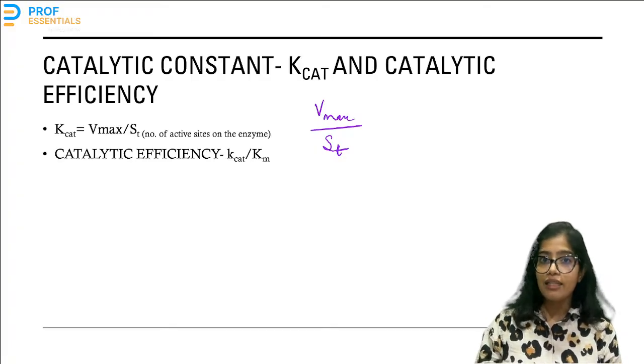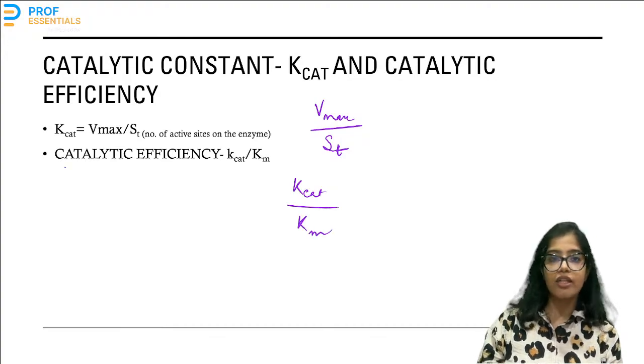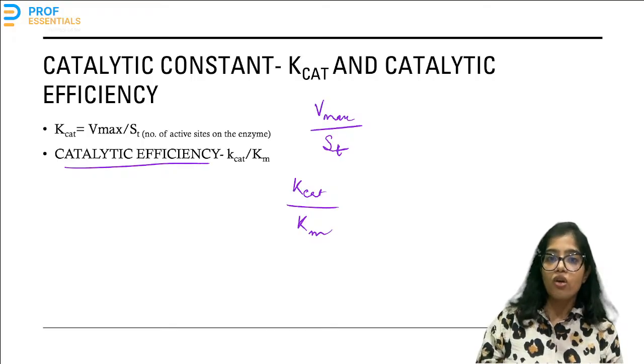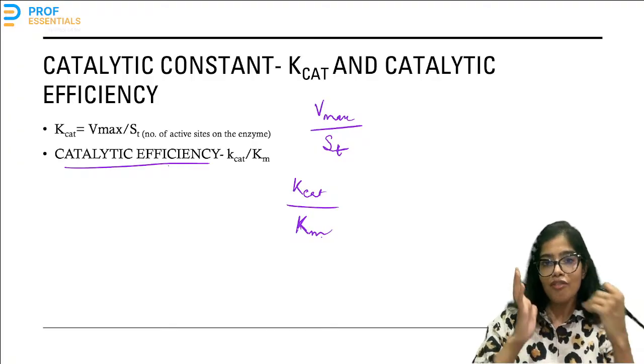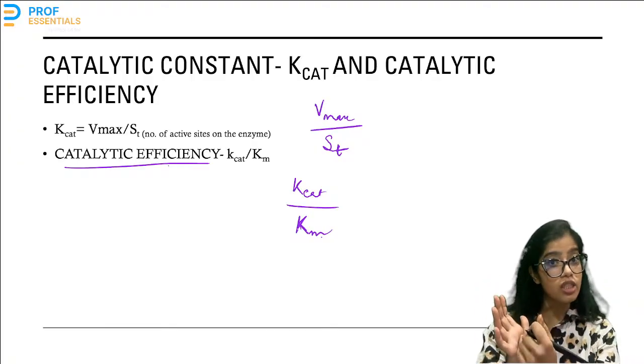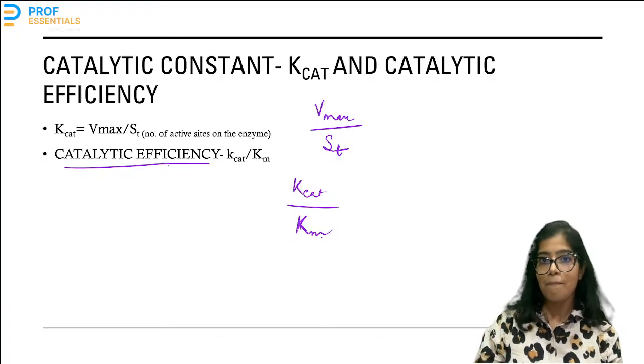And what is the catalytic efficiency? It is the catalytic constant divided by the Km. Okay, so catalytic efficiency is a ratio of constants. So if the Km is lesser, the catalytic efficiency is higher. That is, at a lesser substrate concentration, if half the maximum velocity is reached, that means the catalytic efficiency is very high. Understood?